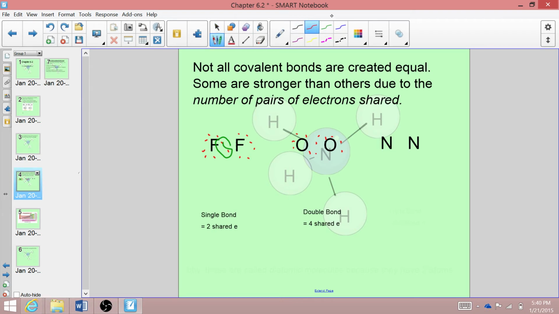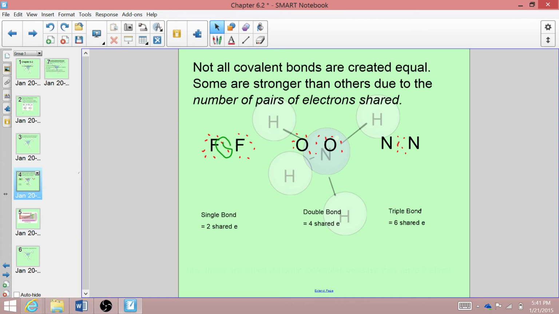And when we do nitrogen, nitrogen has 5 electrons in its valence shell. And by doing out the electron dot structure, you'll find that in order for both of these nitrogens to have 8 valence electrons, they have to share between them 6 electrons. Sharing 6 electrons is 3 times as many as they shared over here between fluorine. So this is what we call a triple bond.